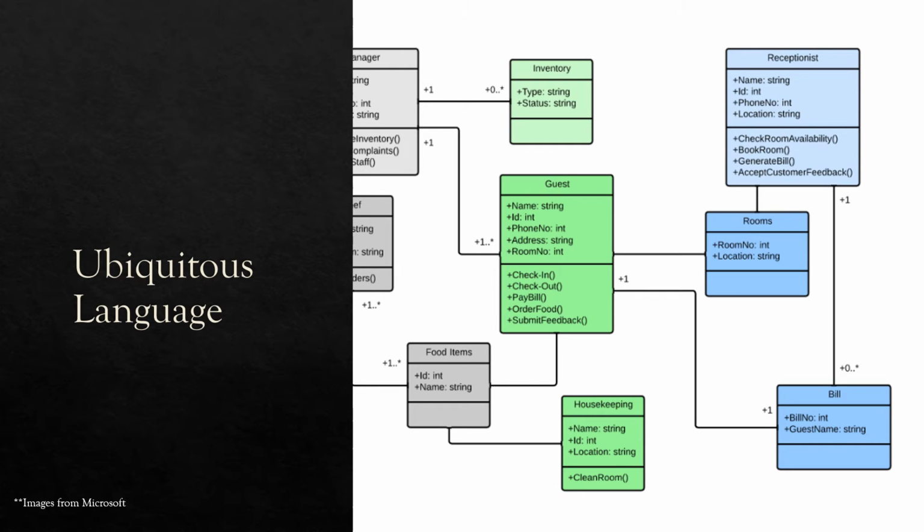Class names, variables, and methods should all match the business domain. A simple example of this might be a customer domain, with actions to get a customer or update a customer's address in business terms. In our code, we might have a class called customer with method names, get customer, and update address.